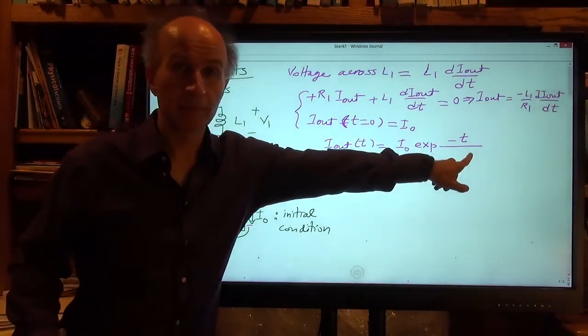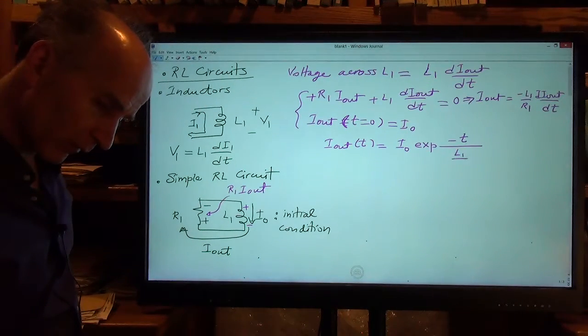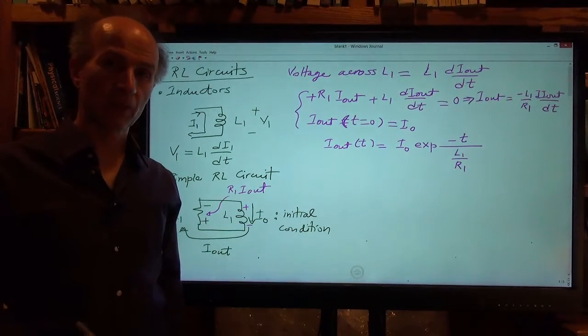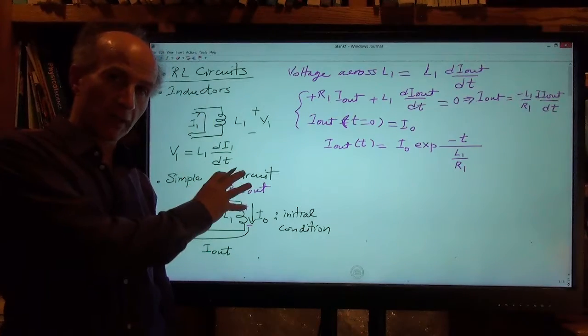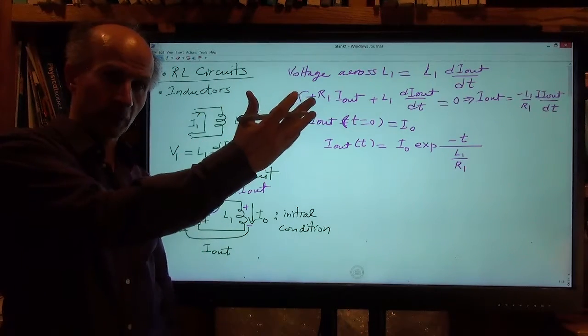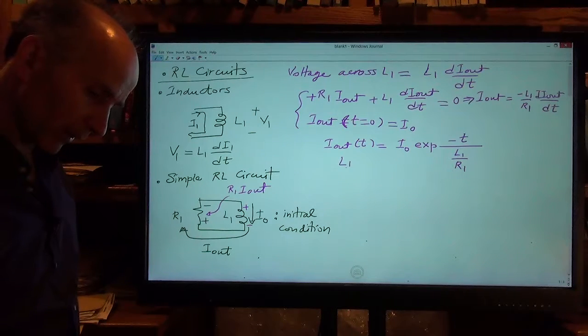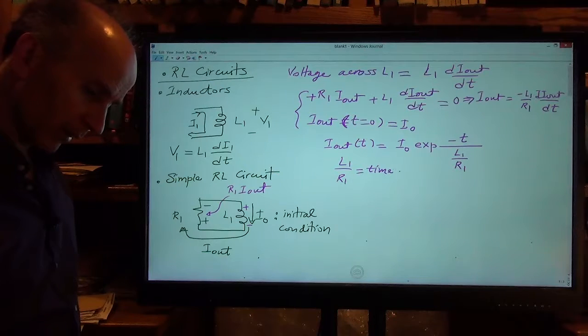And that time constant is given by L1 over R1. Okay, so that's the difference between the time constant of this RL circuit and time constant of the RC circuit we saw before. So L1 over R1 is called the time constant.